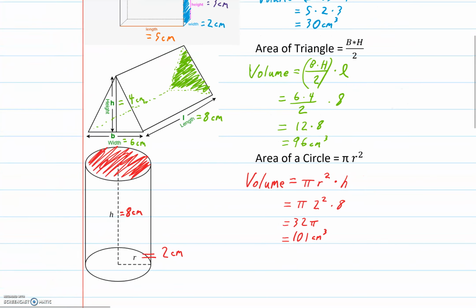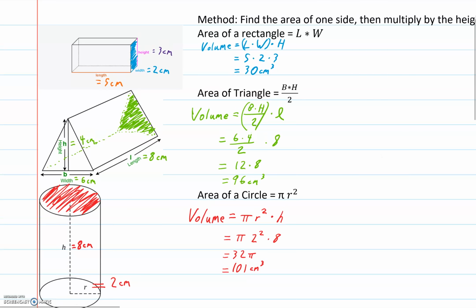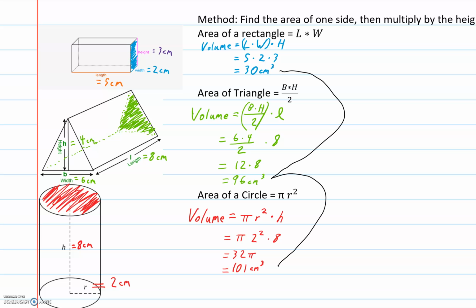So the only thing to add on to this is that you could have multiple shapes attached to each other. If I was asking about the volume of all three shapes combined, literally all you do is you add this number, you add this number, and you add this number.